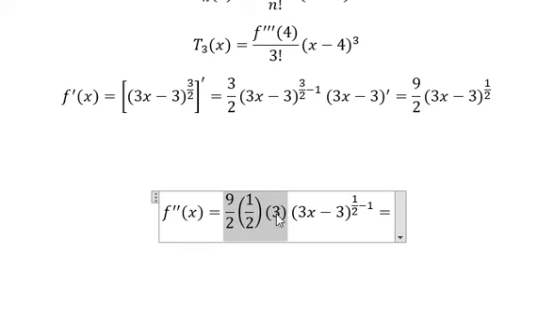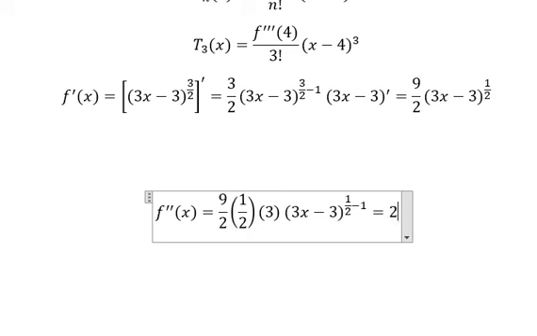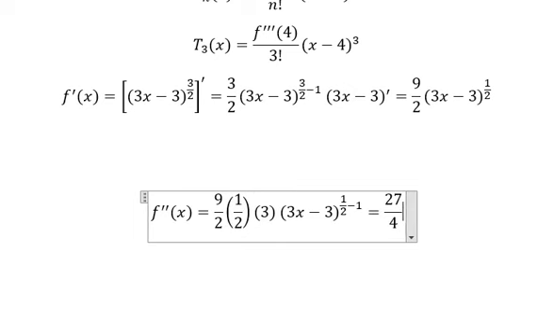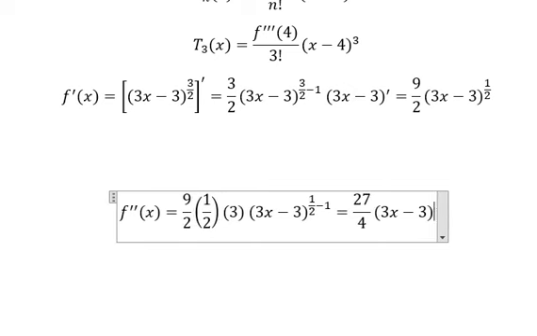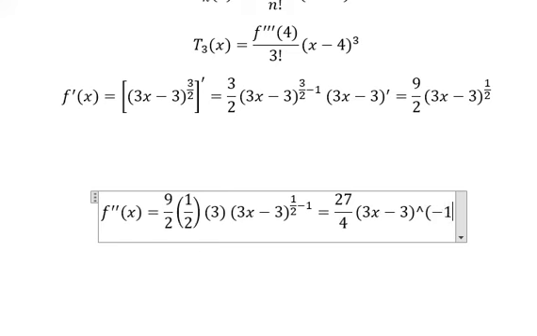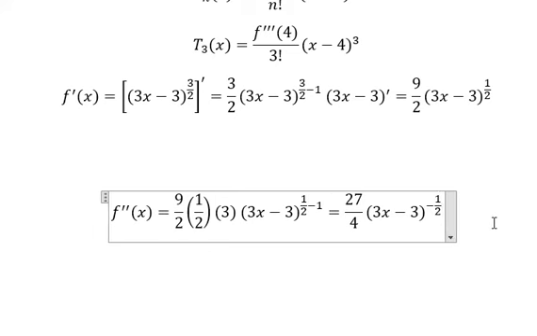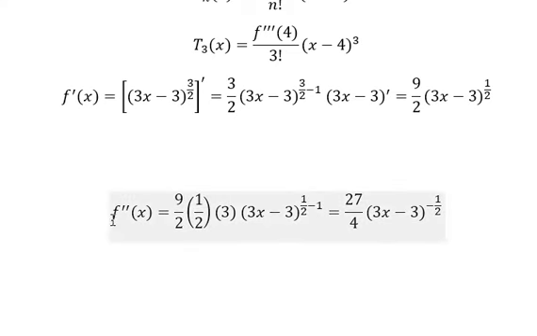So this one we simplify, and we have 27 over number 4. And now we have negative number 1 over 2. Now if we go to third derivative of this one, we have like this.